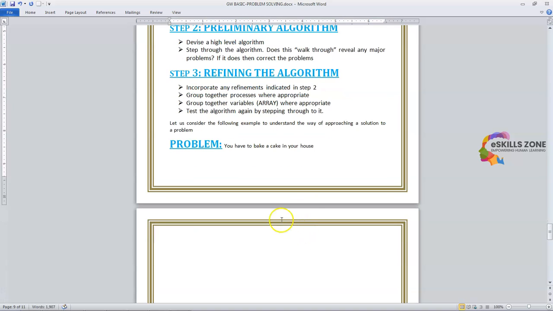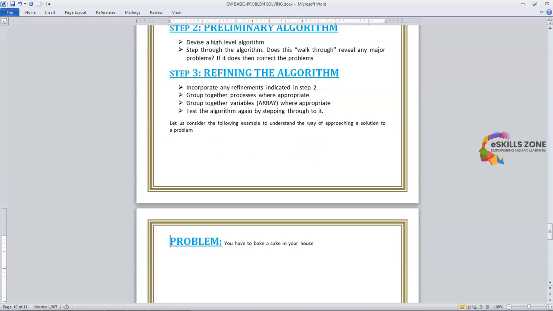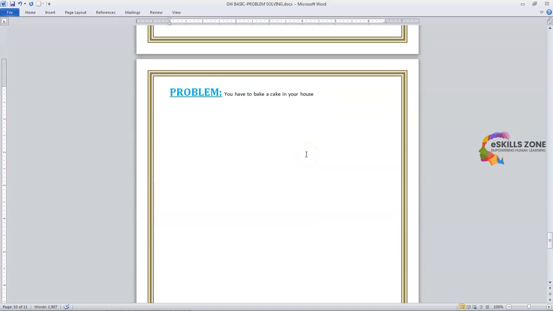That's a problem in daily life routine, so I'm gonna discuss it and we'll see how we can write an algorithm for that.